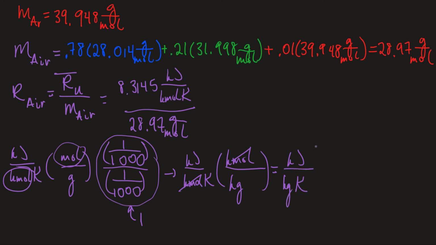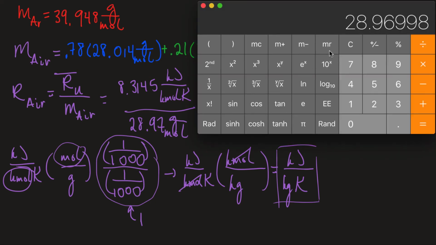So we know the unit now, but we don't know the number. Because we multiply by 1 here, the numbers don't change, so we can still enter the same numbers into the calculator. 8.3145 divided by 28.97. We get 0.287.